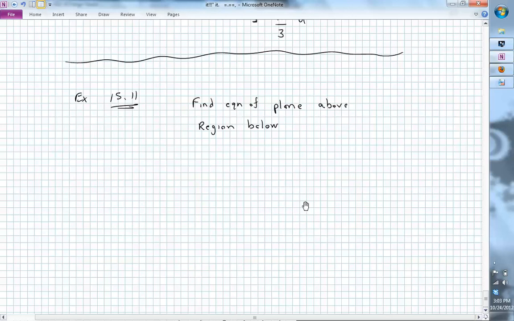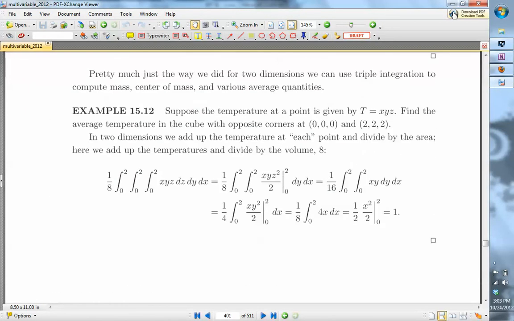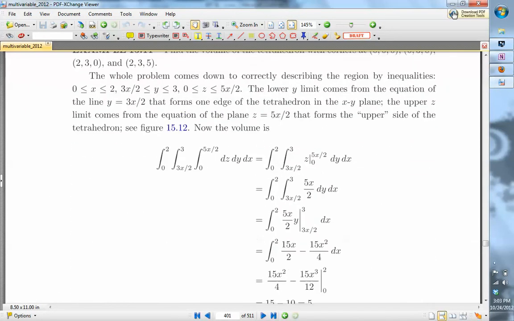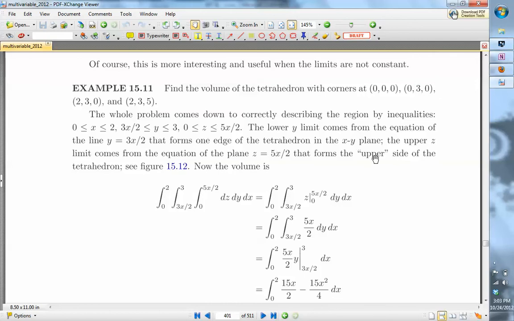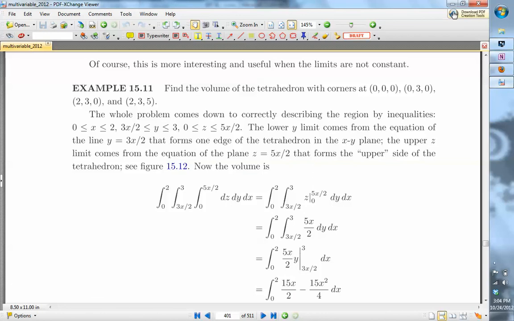Let me write the points out on this page so that we have them. 0, 0, 0, 0, 3, 0, 2, 3, 0, and 2, 3, 5.